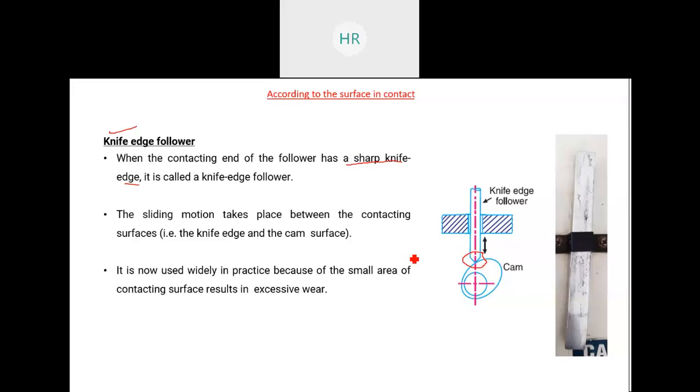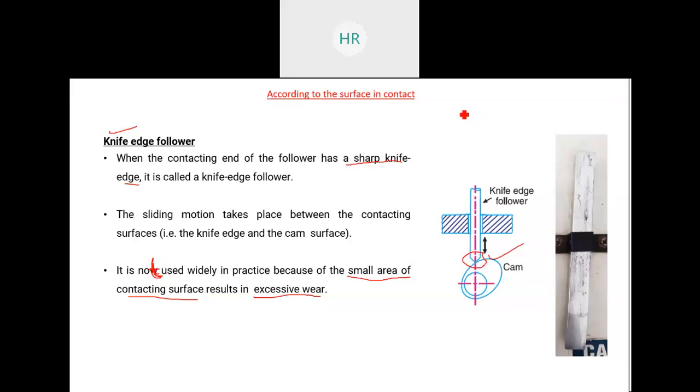It is not used widely in practice because the small area of the contacting surface results in excessive wear. The rate of wear will be more in case of the knife edge follower because you can see the sharp edge of the follower is present.